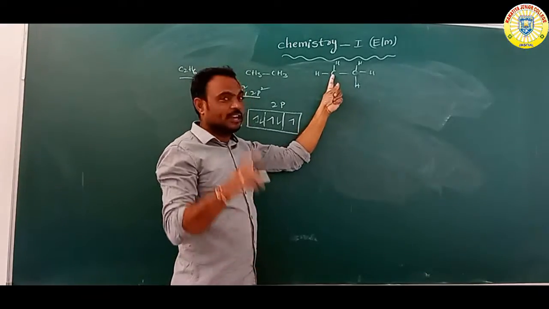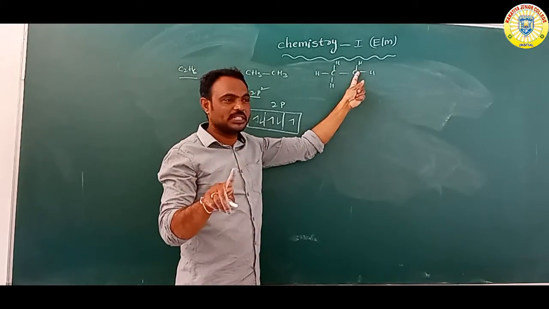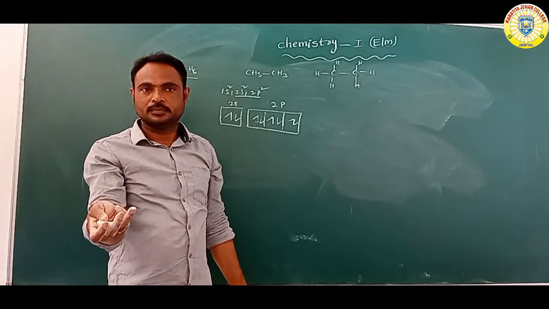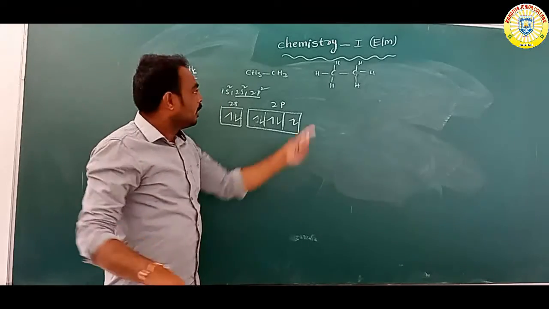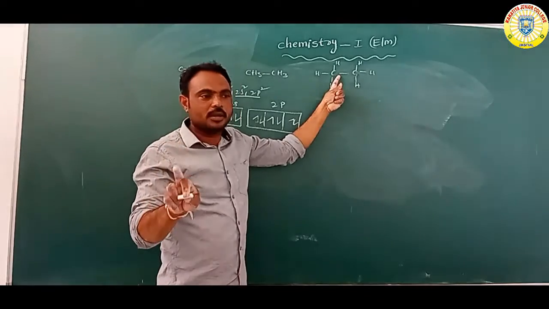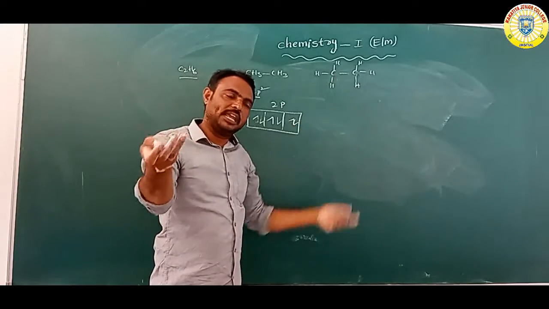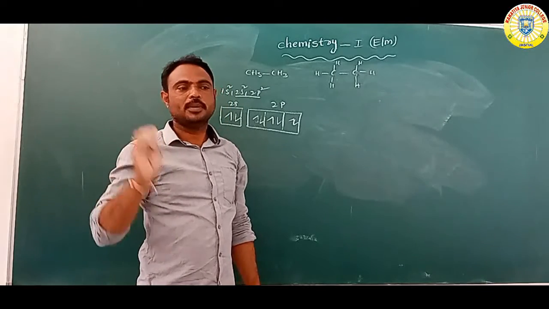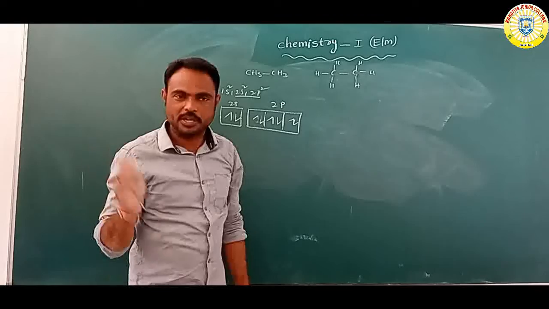This carbon contains 1 single electron and the other carbon also has 1 single electron, so they bond. Here in ethane, each carbon undergoes sp3 hybridization.